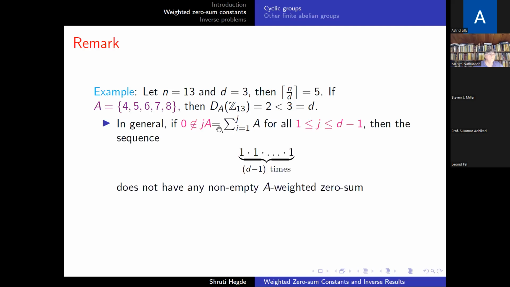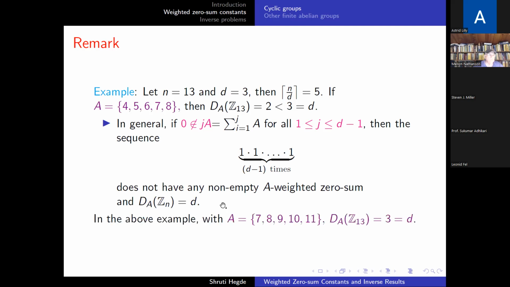However, if we choose our weight set in such a way that 0 is not in any of these sumsets jA, where jA is A plus A taken j times, for any j between 1 and d minus 1. So we are choosing A in such a way that 0 is not here. Then the sequence containing d minus 1 ones will not have any A-weighted zero-sum subsequence. And that will give us that DA(Zn) is equal to d.